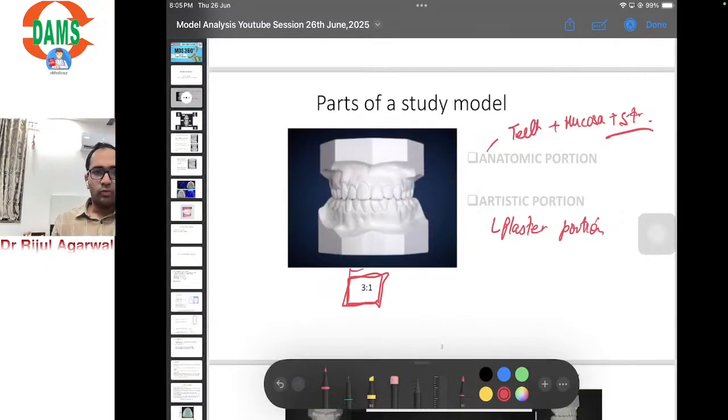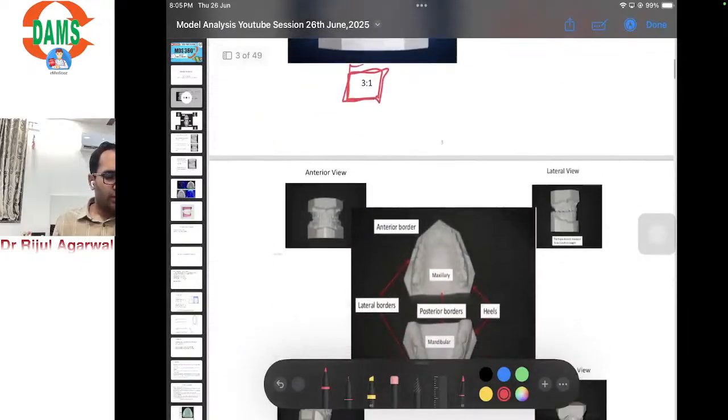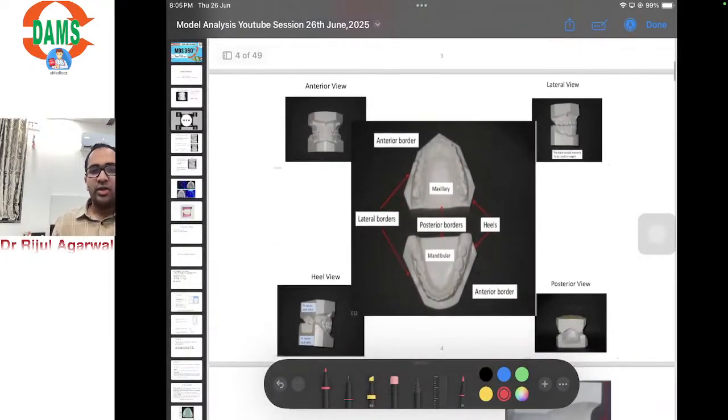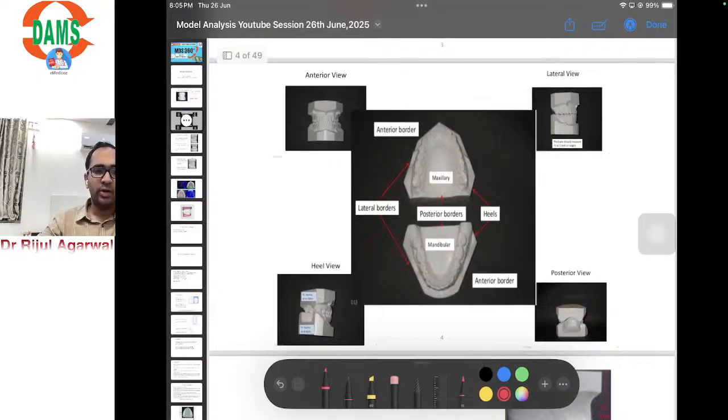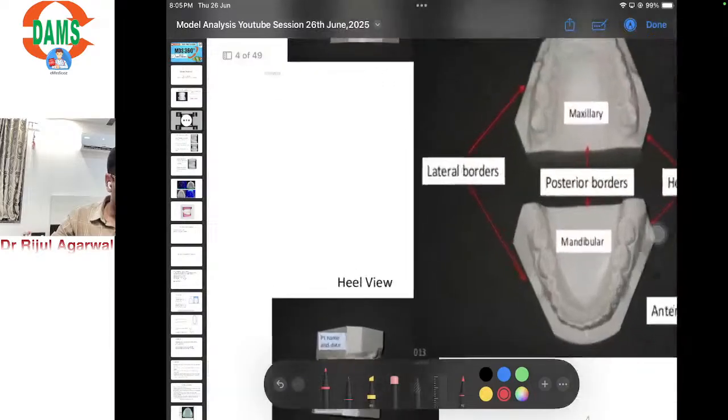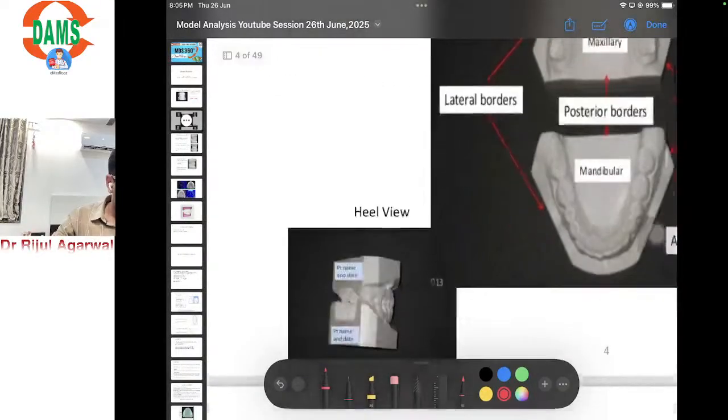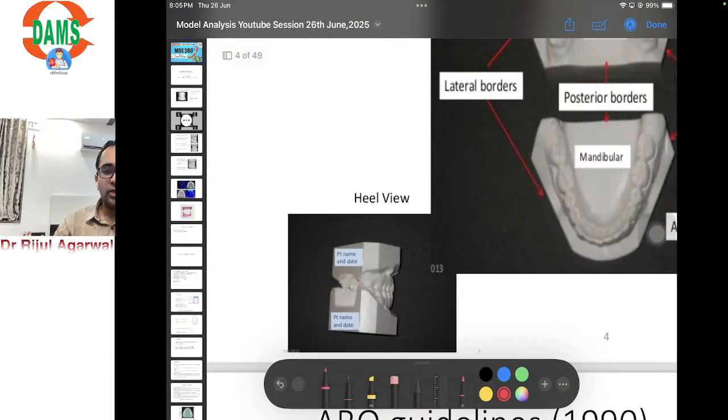Moving ahead, these are the various views of a study model: anterior, lateral, posterior, and the heel view. On the posterior surface, the patient's full name, including the surname, and the date are written. This is very important in an orthodontic study model because 80% of the patients we treat are growing patients.